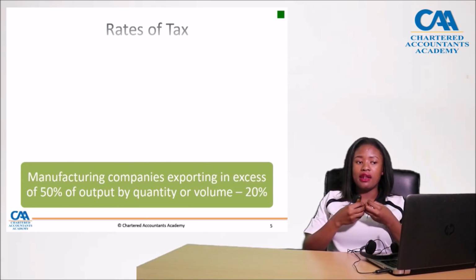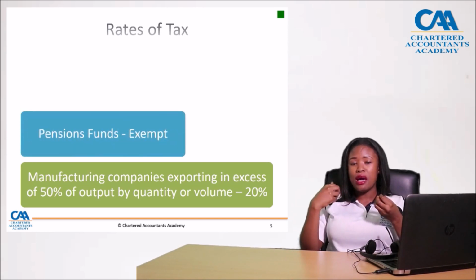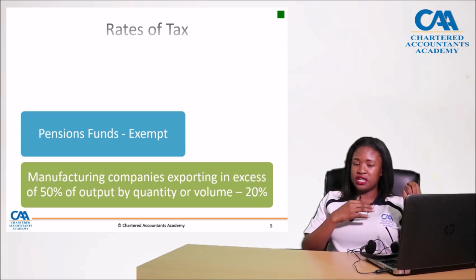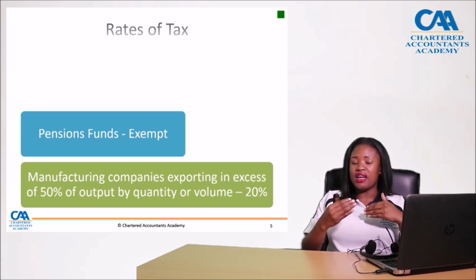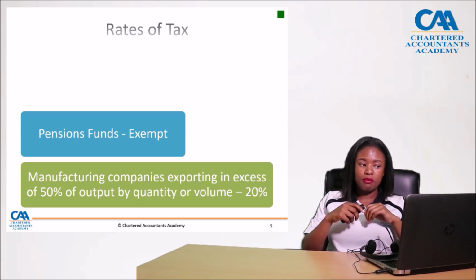I'm sure you can try to get into the commissioner's head when these provisions came out. Pension funds are there for the betterment of the society. And if you remember, when we learned the administrative framework, we know that taxes can be used to do certain things within the economy. And in this case, pension funds are exempt.